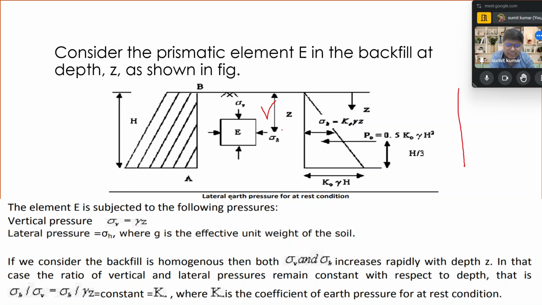We take the value of gamma, and we draw the overall edge like this, that is gamma h, or at a specific section it is gamma z, because gamma is the same. So for the active earth pressure condition, as we say, sigma h by sigma v equal to k.